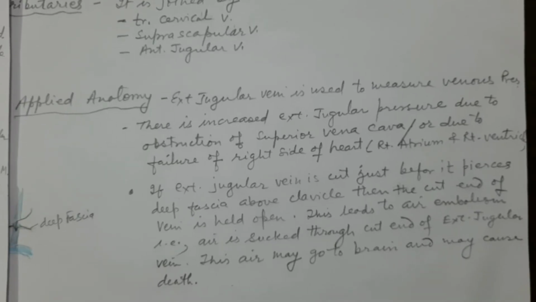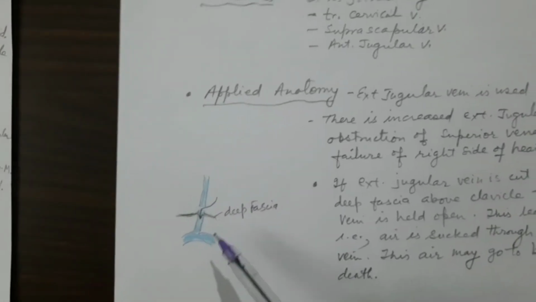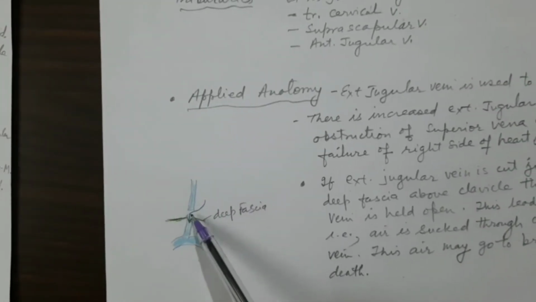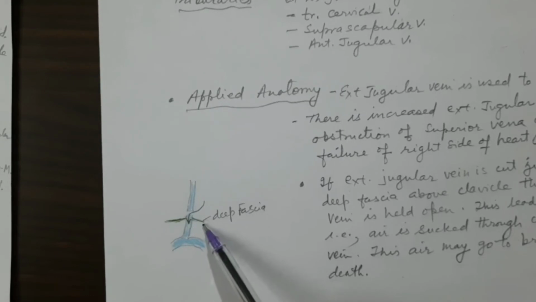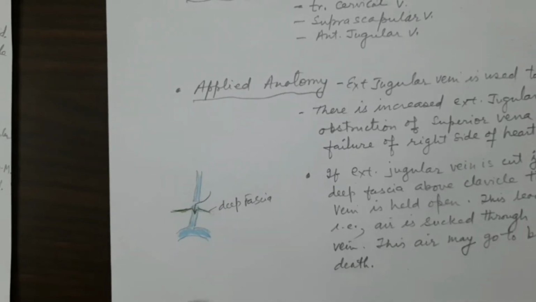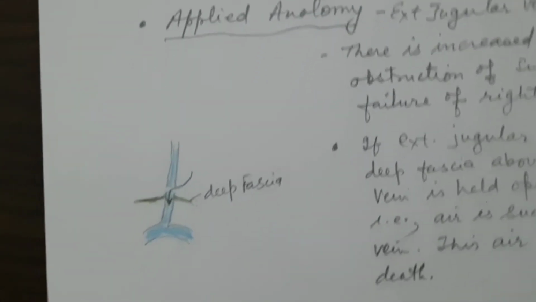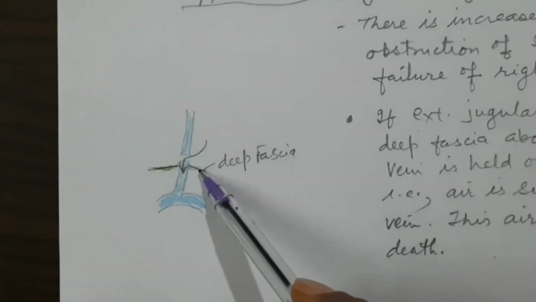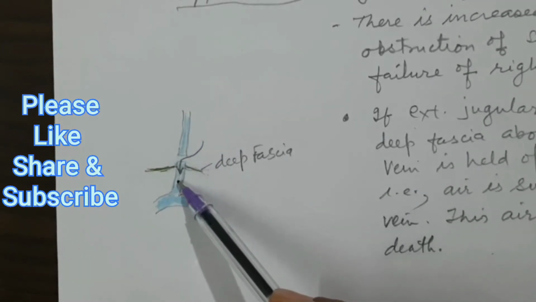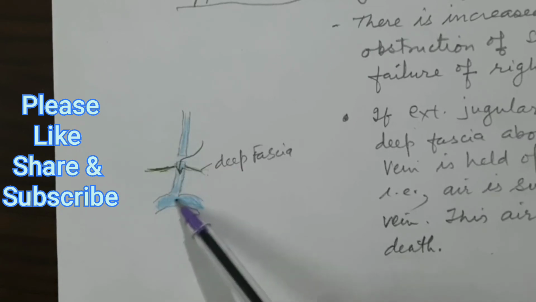Then the second applied importance is that if an external jugular vein is cut before it is penetrating the general, investing layer of the deep fascia. See, this is the deep fascia. Just zoom this diagram. Here I have drawn the deep fascia where the external jugular vein is penetrating, and then it will open into the subclavian vein.